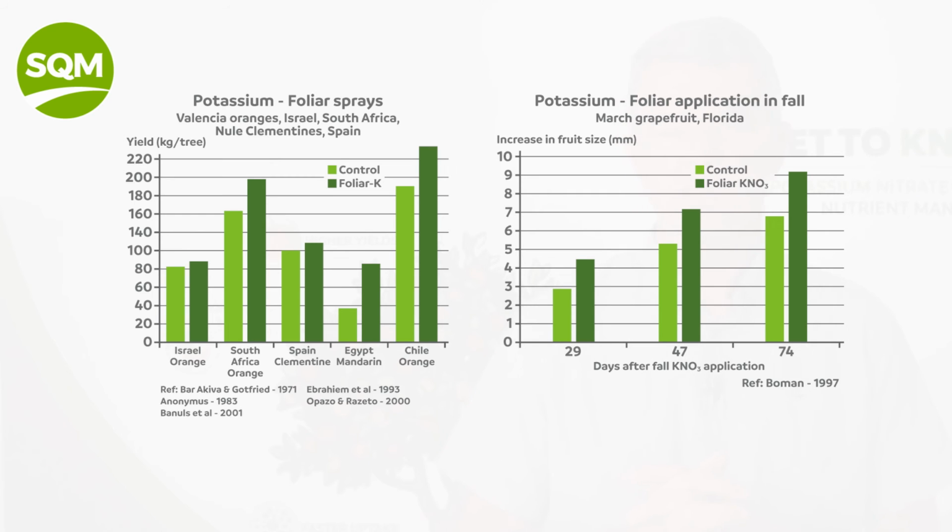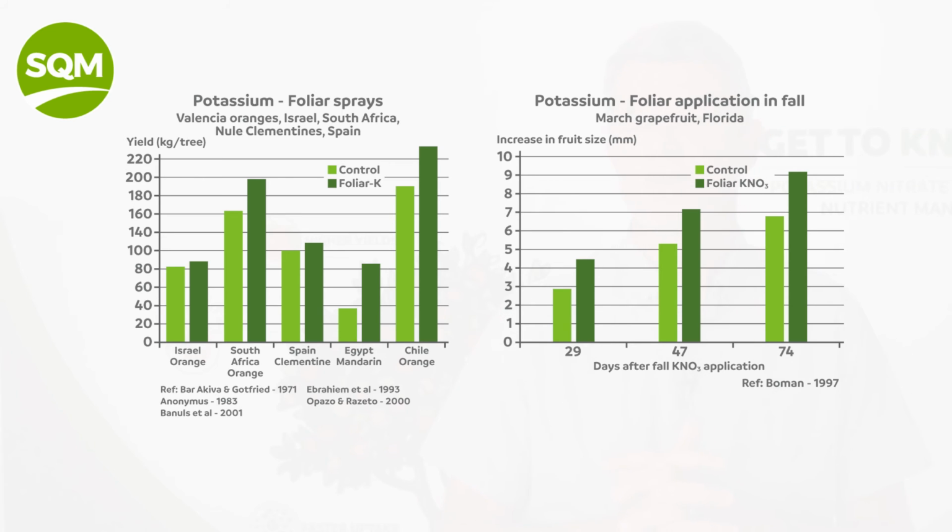And in all cases, in the different crops shown, the oranges in Israel and South Africa, the clementines in Spain, the mandarins in Egypt, and the oranges in Chile, you can see that where foliar potassium was applied, there was an increase in yield in kilograms per tree.